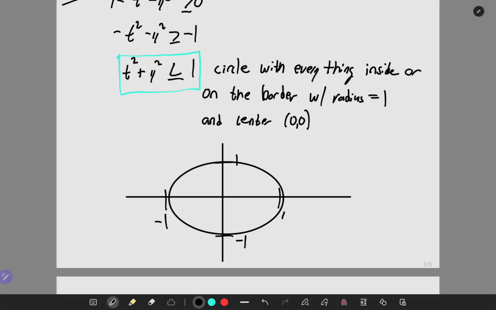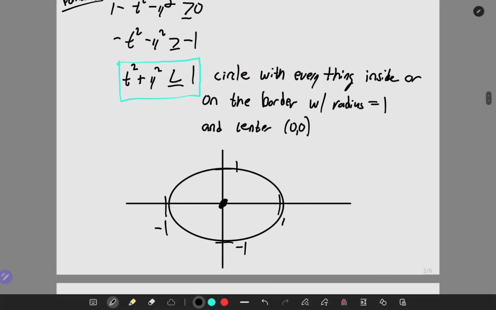It's kind of an oval, but it should be like a nice, perfect circle with radius 1, right? Center is 0, 0. That's what this inequality here describes. So the hypothesis of our uniqueness theorem is satisfied for any initial point that's inside this circle, okay?